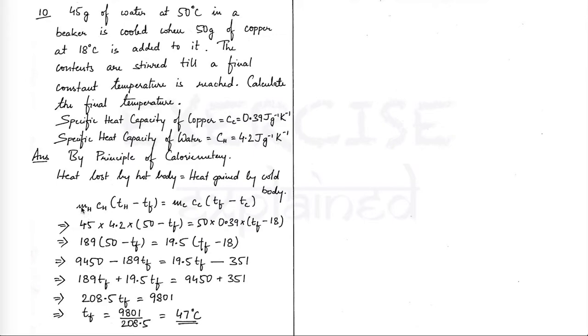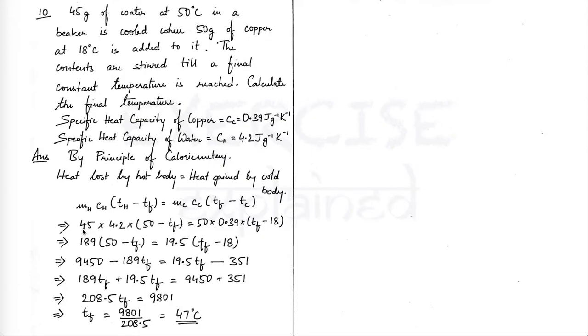So I just write mc delta T, that is mass of hot body into specific heat capacity of hot body into TH minus TF is equal to mass of cold body into specific heat capacity of cold body into TF minus TC.